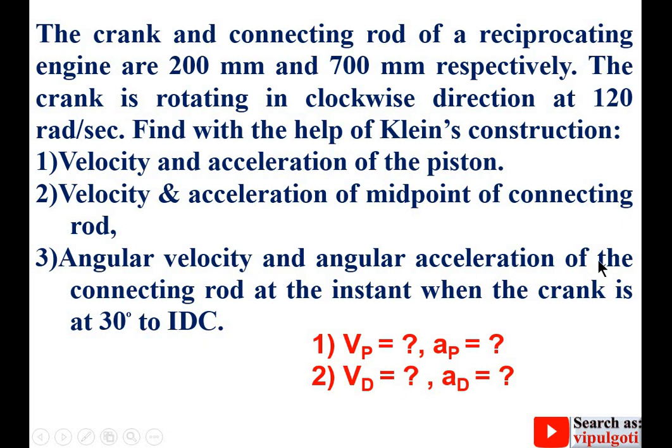Then angular velocity and angular acceleration of the connecting rod. Angular velocity is denoted by omega. I have taken the symbol for the connecting rod as PC, so that you can understand, angular acceleration of the connecting rod is alpha PC. Alpha is the angular acceleration. So these 6 are the different objectives for this problem.